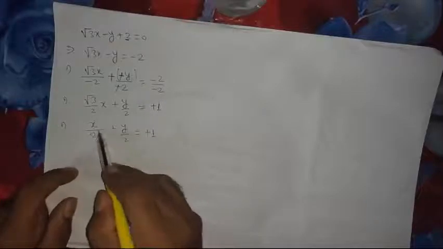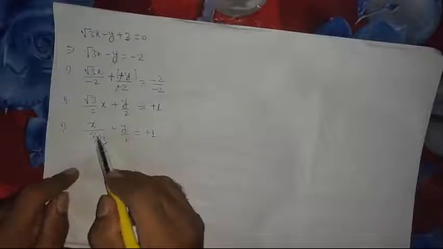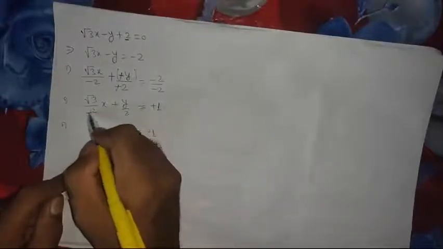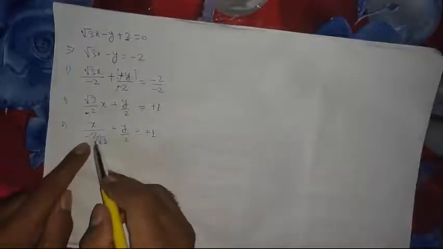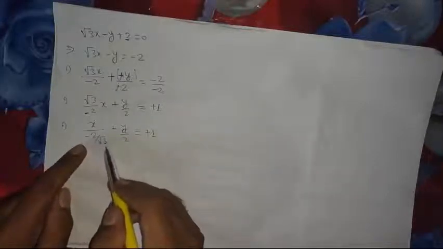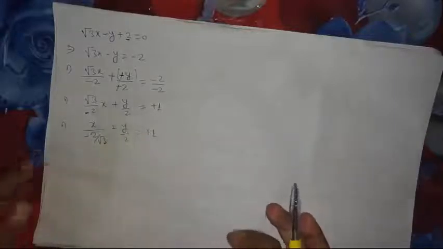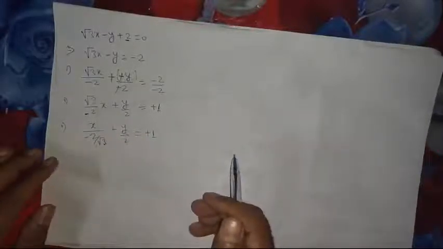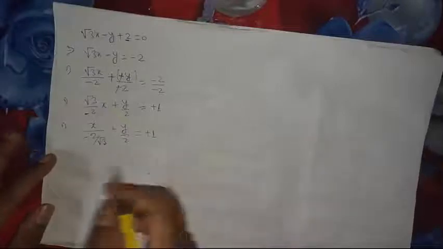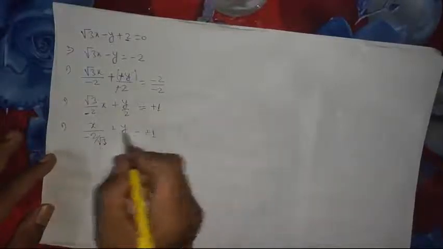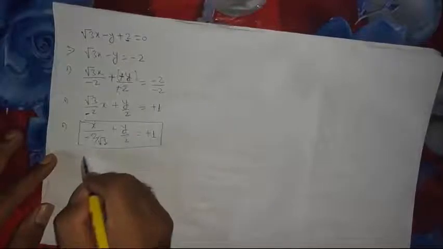Here a is minus 2 by root 3, b is 2, and the constant term is already 1. So this is the intercept form. Okay, now normal form.